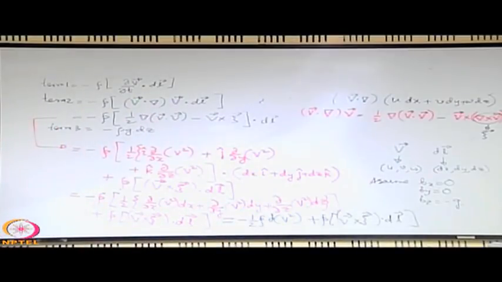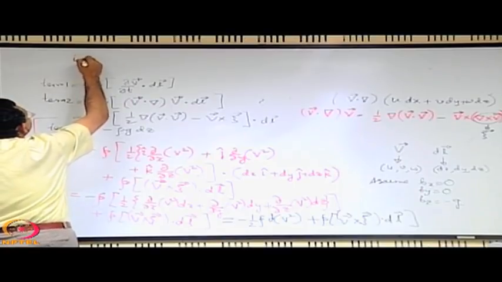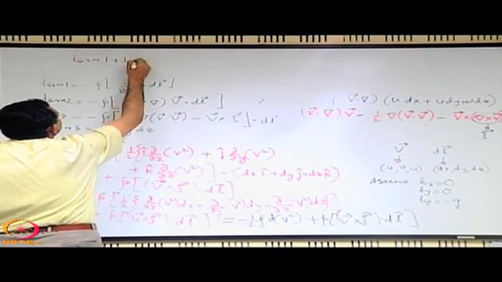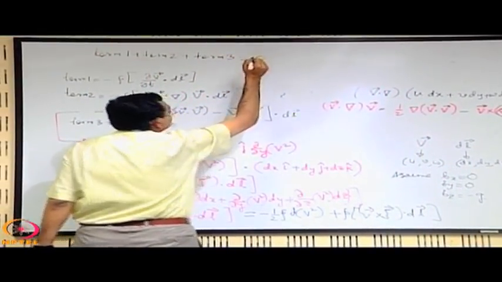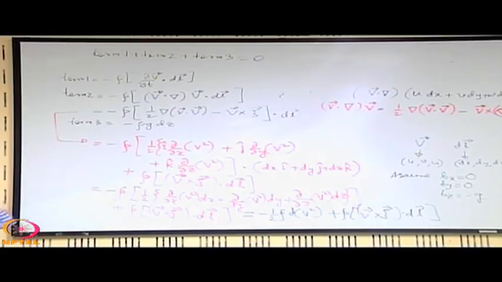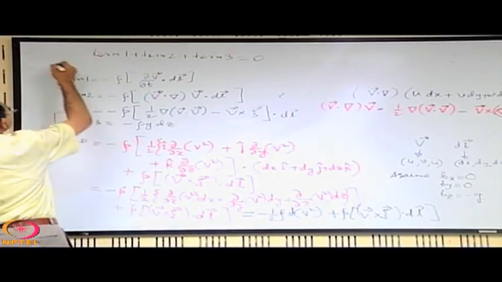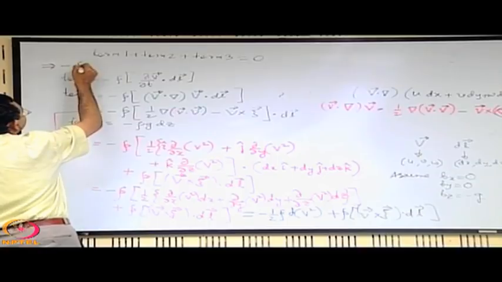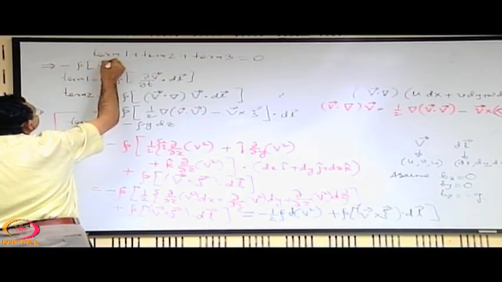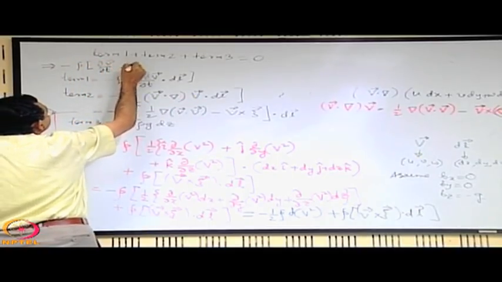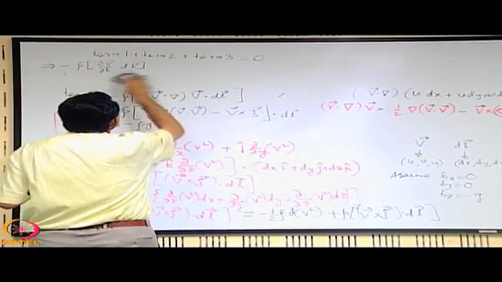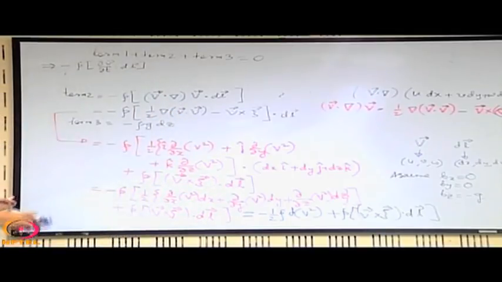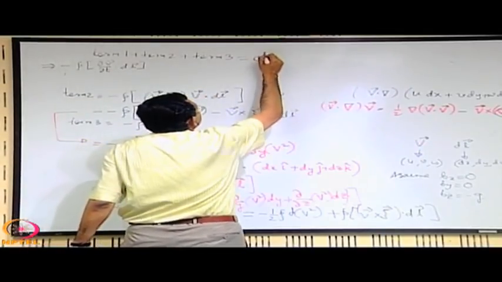Now, let us put back all the terms together in the equation. So, what is our equation? Our equation is term 1 plus term 2 plus term 3 is equal to 0. That means minus rho dp, that is the term 1. Sorry, dp not 0, it was dp.